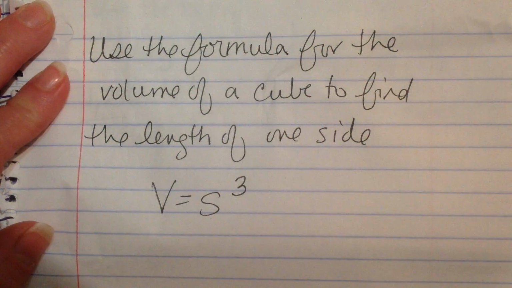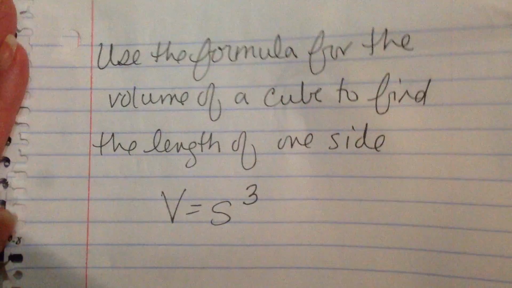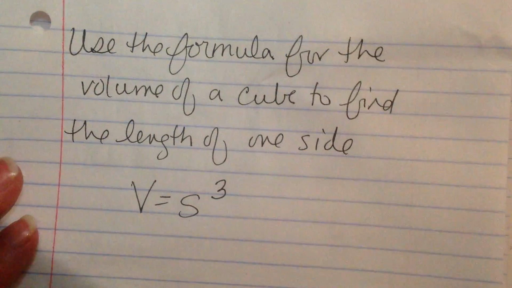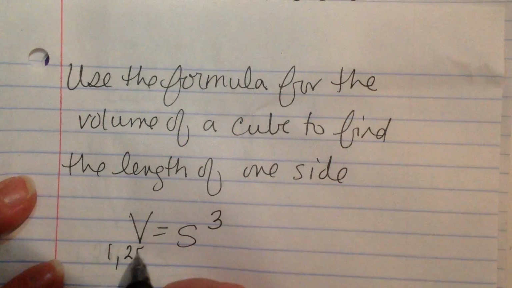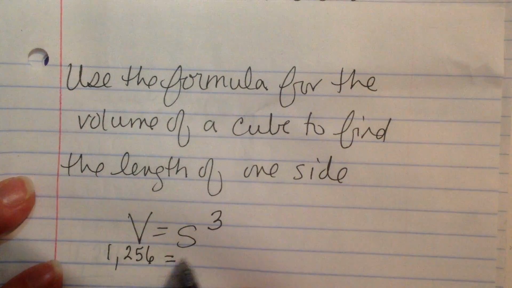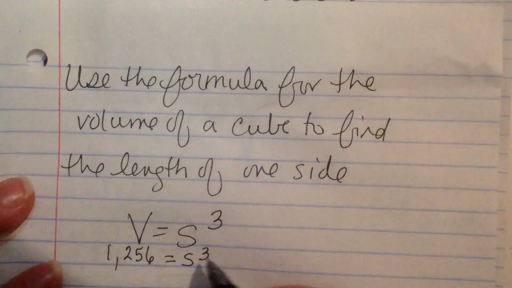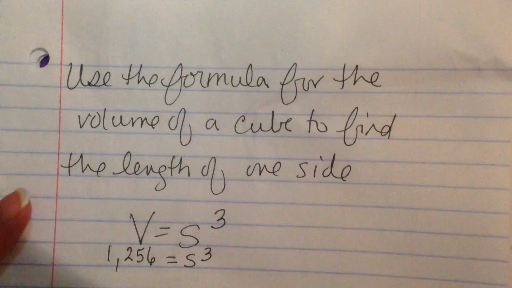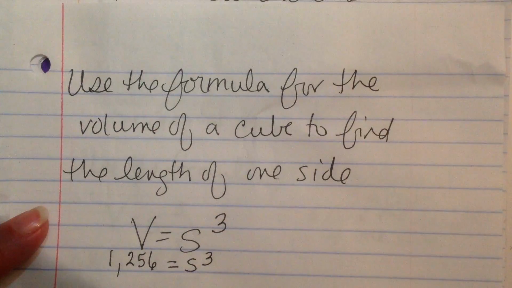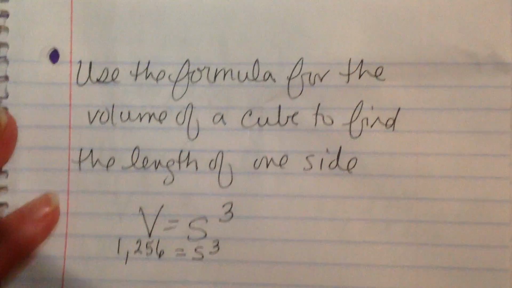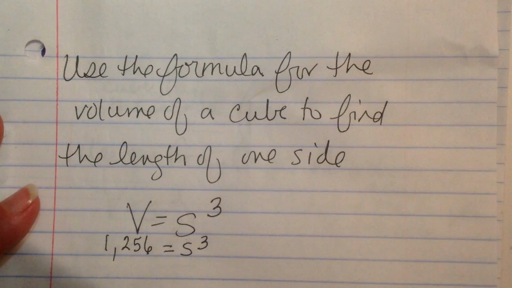So, we know that volume equals side cubed. Well, we know the volume in this problem is 1,256 equals side cubed. We were given the volume of this aquarium, but we need the length of a side. So this is another cubic equation.